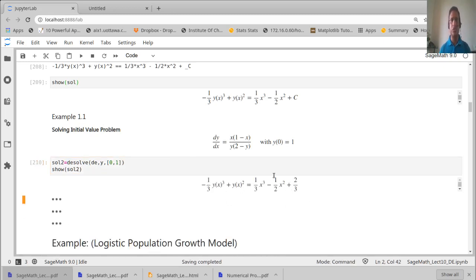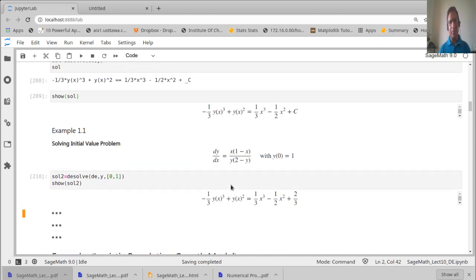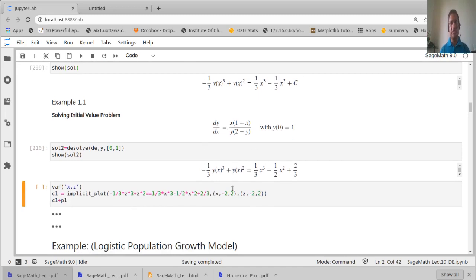So this is the solution we got. Now let us plot this curve and see whether what we guessed is correct or not. Okay, so let us plot this function. This is just a slightly crude way of plotting this, in the sense that since here it is y(x), not y, we will replace wherever y(x) is there by z, but you need to declare z as a variable.